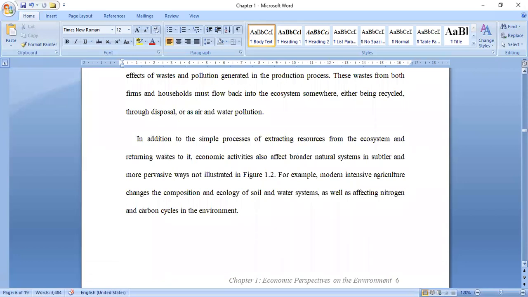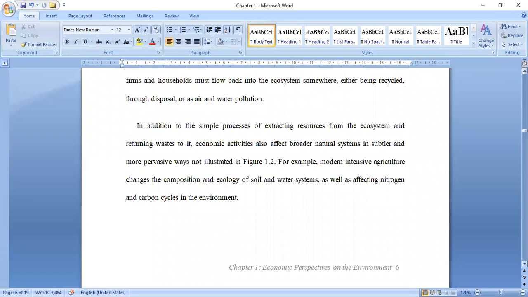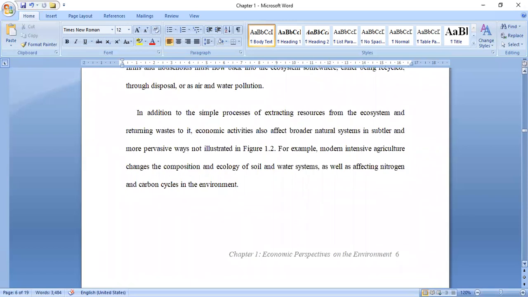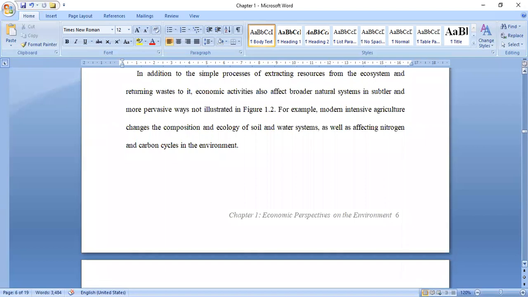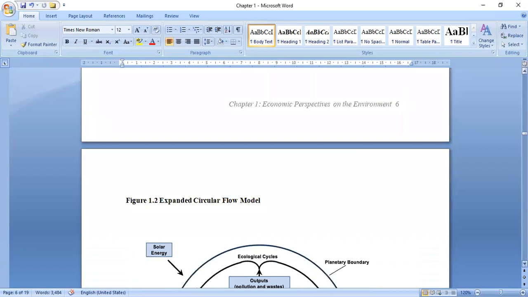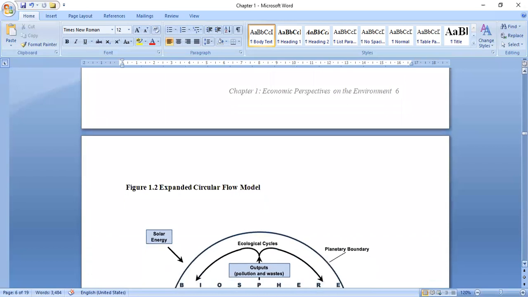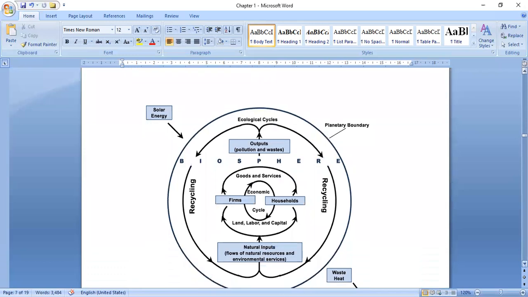It also ignores elements of the ecosystems, right? The activities of the ecosystems, as we are going to realize. So the standard circular flow has just been showing us the flow of economic activities or the flow of factors of production between different sectors of the economy.